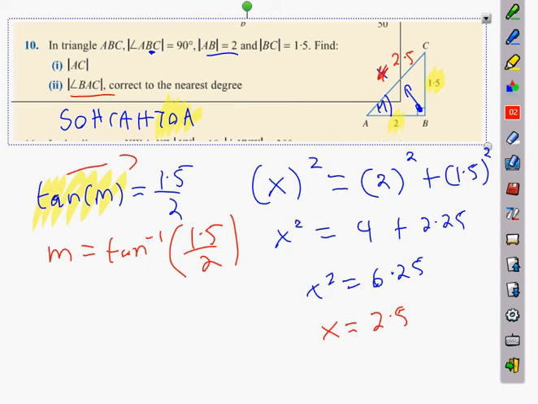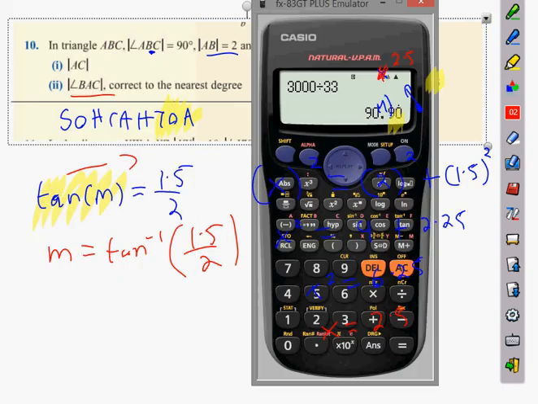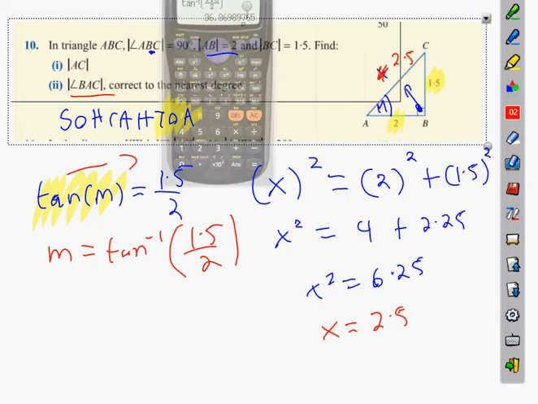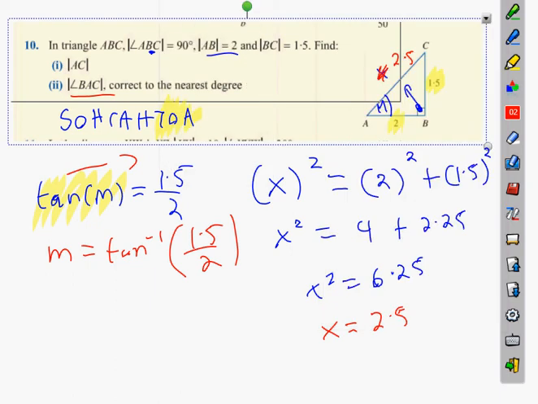So you get your calculator out, and then you do shift tan inverse. Press the fraction button first, 1.5 all over 2. Make sure it says D up there. And you get 36.87, to the nearest degree 37 degrees. Many people got that, the majority of the class.